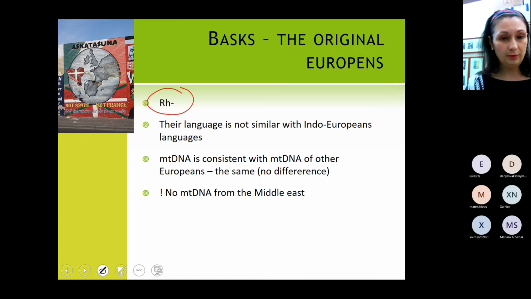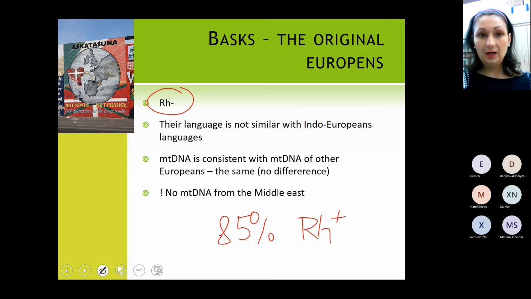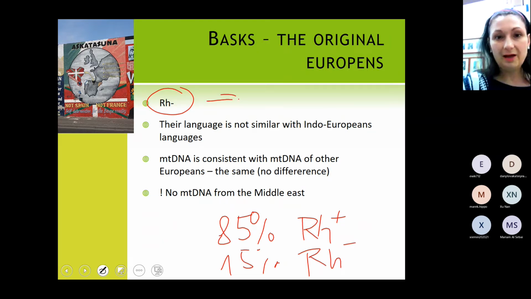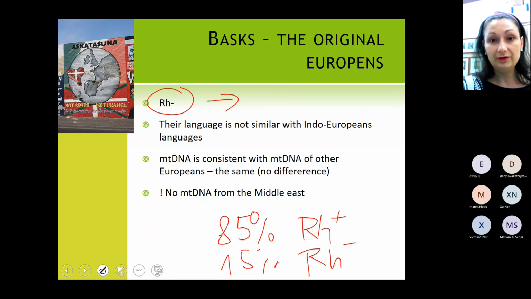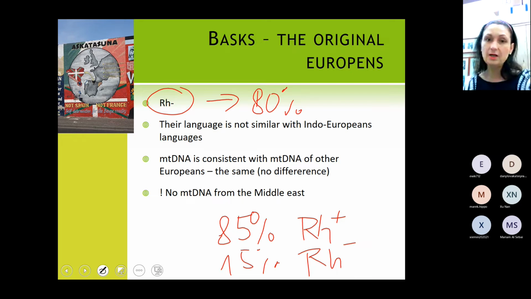Normally in the world population, 85% are Rh plus and 15% are Rh minus. However, Rh minus for the Basque is 80%. This is practically the opposite of the rest of Europeans.